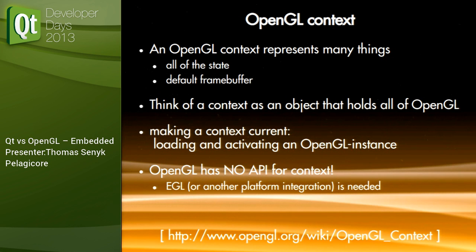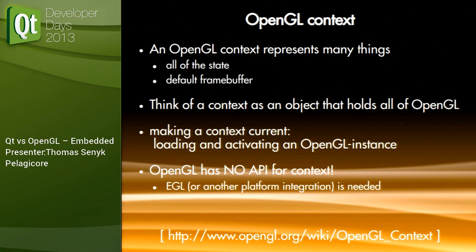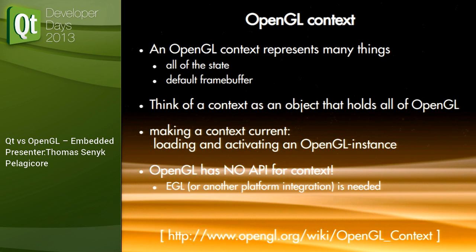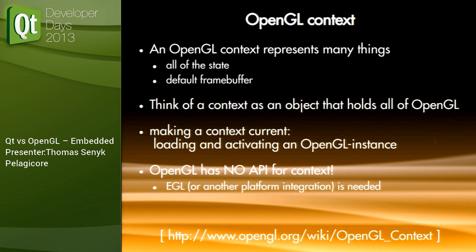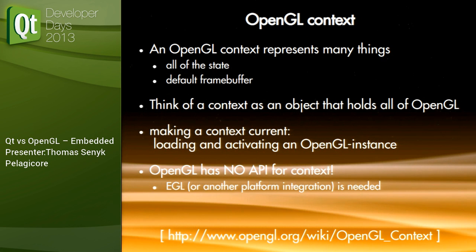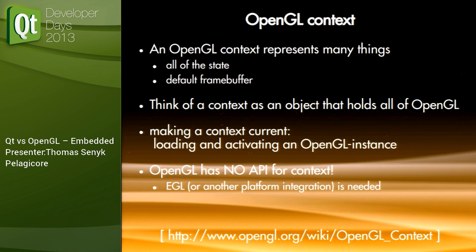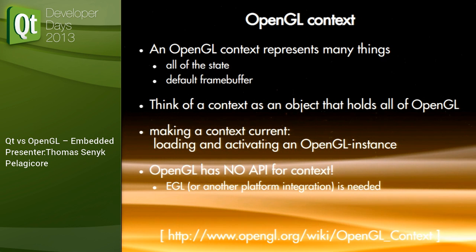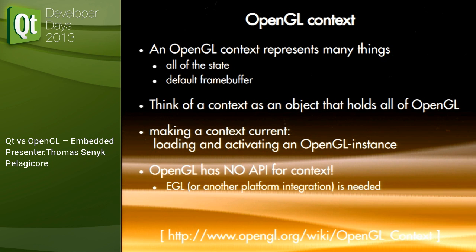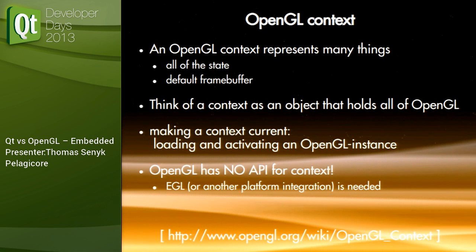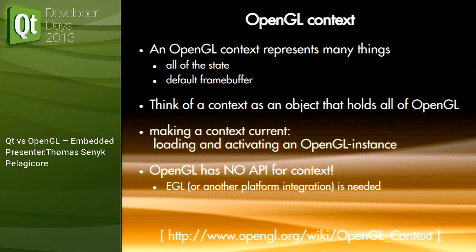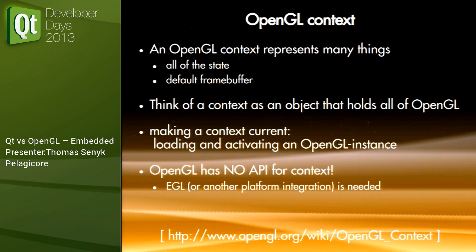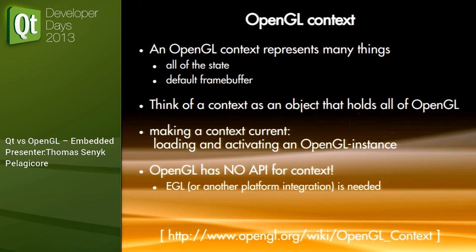And the funny thing about OpenGL is that although this is the very basic fundamental thing to be able to paint, without an OpenGL context you can do nothing with OpenGL. Still, OpenGL has absolutely no API for context. That's a little bit funny, but it actually makes sense because the context can be very platform specific. And so you need a platform integration. The API needs to be platform specific to some degree at least.